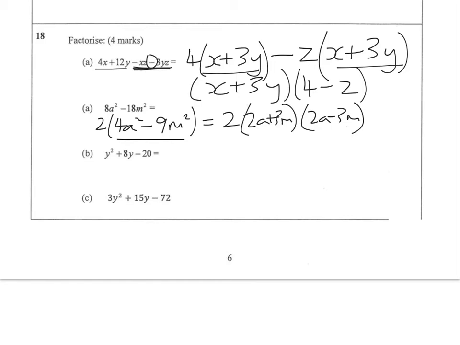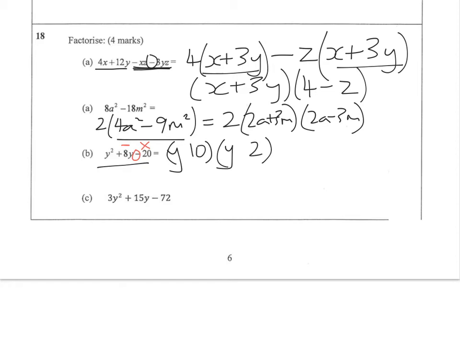Okay, we have a trinomial, so double bracket. So therefore, give me 2 numbers that times together to give you 20 and subtract together to give you 8. So we've got y and y. So the 2 numbers, 10 and 2.